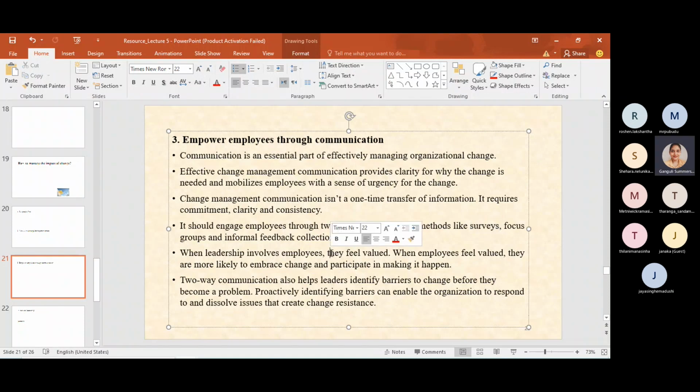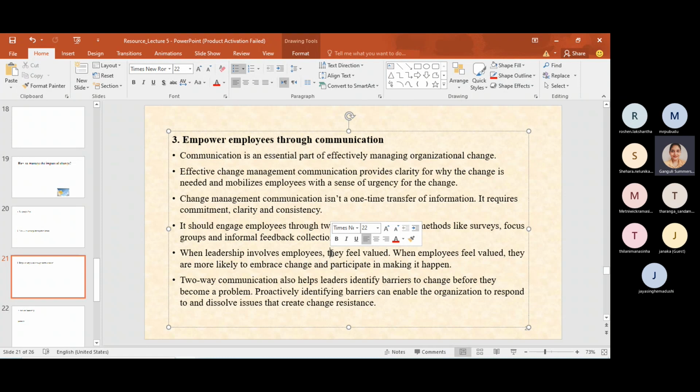The main point to remember here is the communication should be consistent. Communication is not always about meetings. There are several other options as well. You can use all these options to communicate with your employees and empower them.